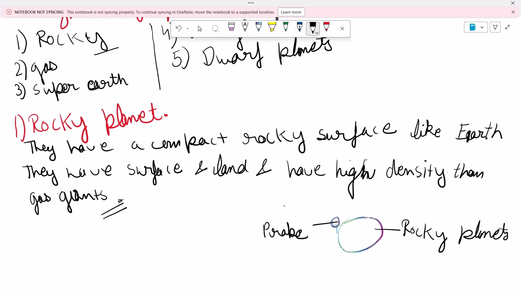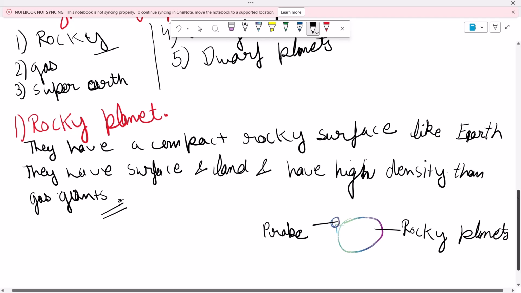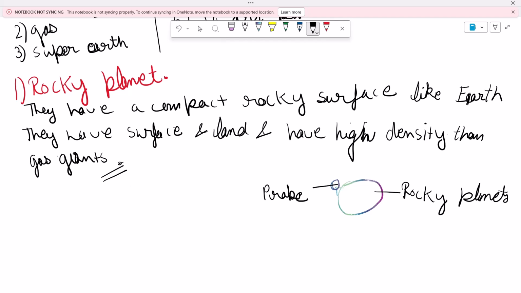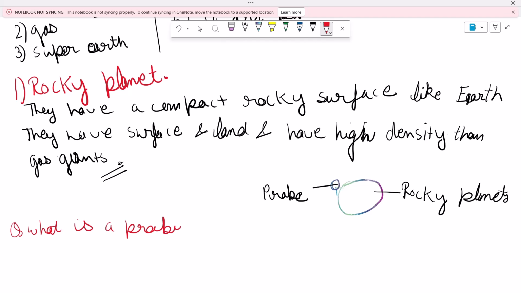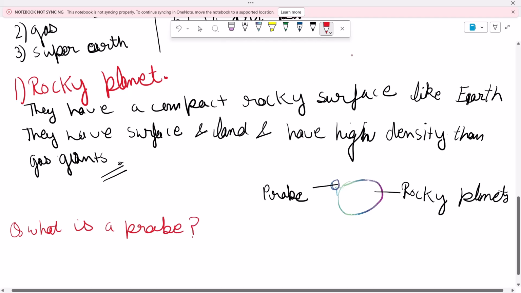So a question arises from here: what is a probe? Drop your answer in the comment section below. I will definitely read your answer.